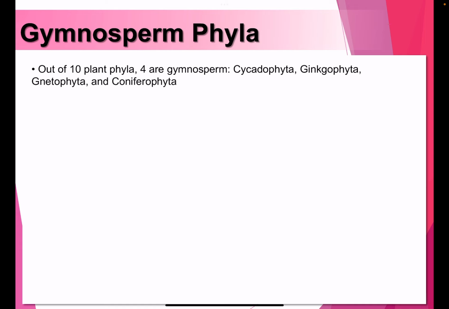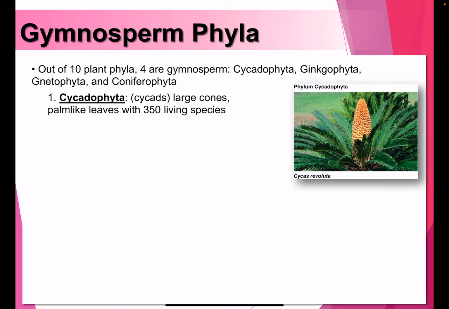So 4 of those are your gymnosperms, which are Cycadophyta, Ginkgophyta, Gnetophyta, and Coniferophyta. I know they're a mouthful. Cycadophyta, or the common name cycads, have large cones, usually looking like this from the outside, and they have palm-like leaves.